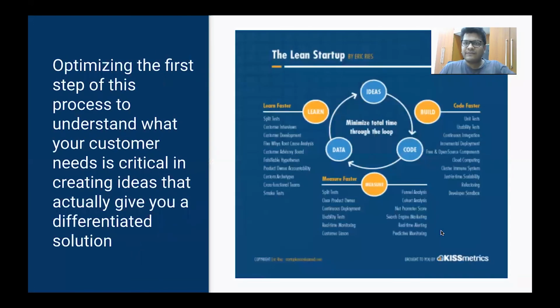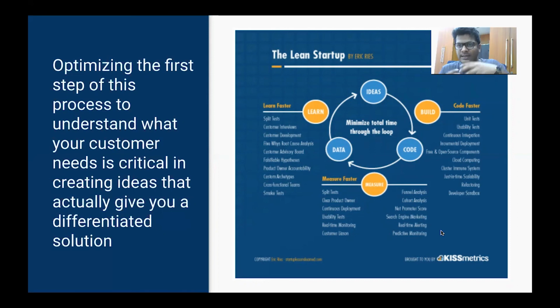So if you look at the framework again, I would say the first part where it says ideas, really concentrate on that and focus on figuring out who the customer is, what are the problems that they're facing, what is their motivation to solve that problem, what are the friction points that they are facing in solving that problem.